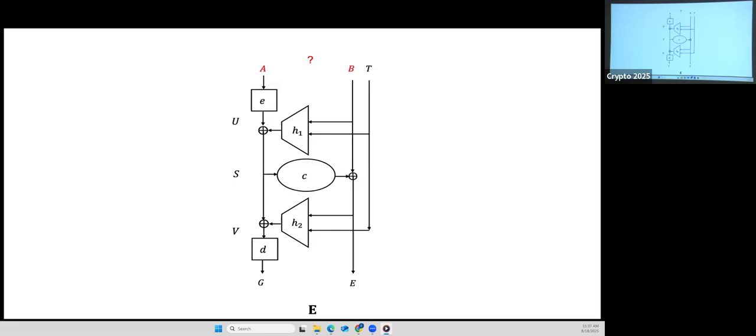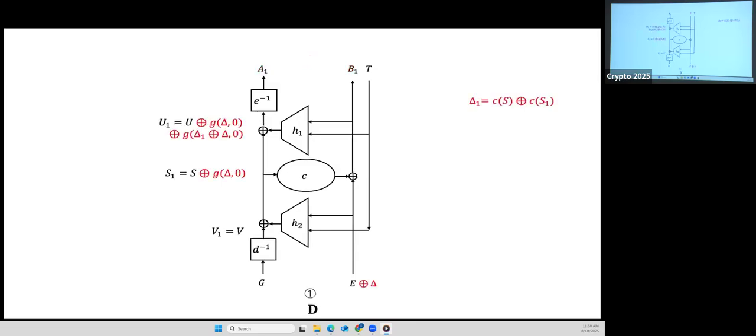So the question is, for XCB, whether it is XCB v1 or XCB v2, given you G and E, the ciphertext, how can we recover A and B? This is the question. The first 2 steps are identical to Barty's approach. This is the first query, a decryption query.